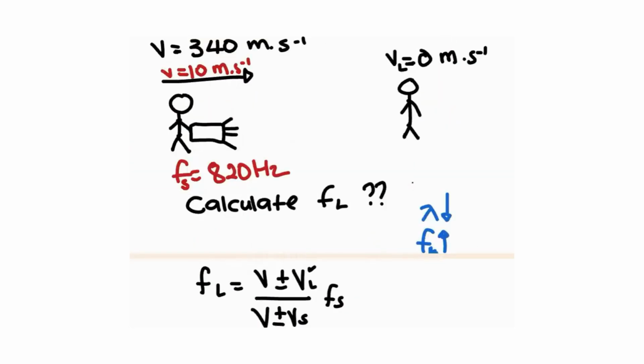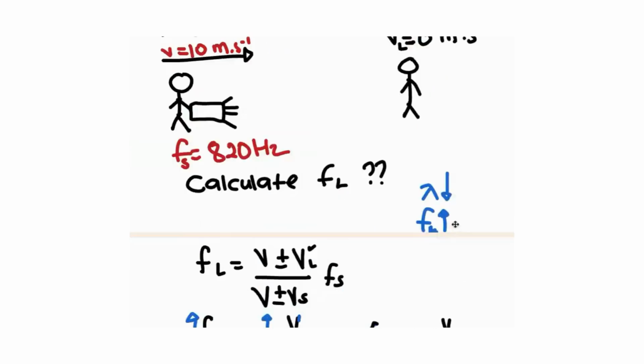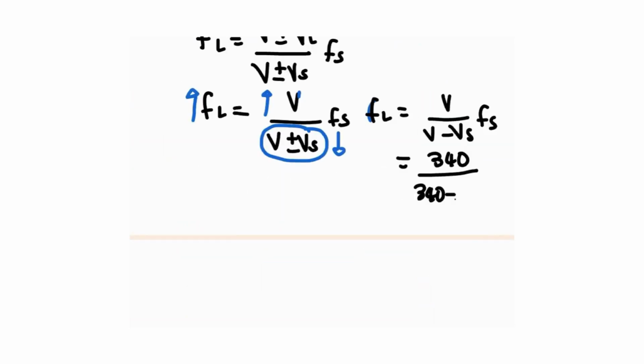We got our velocity of sound, or the speed of sound, to be 340 over 340 minus the velocity of the source, or the speed of the source, which is 10, and then the frequency of the source, we had said it's 820 hertz. That is Fs.